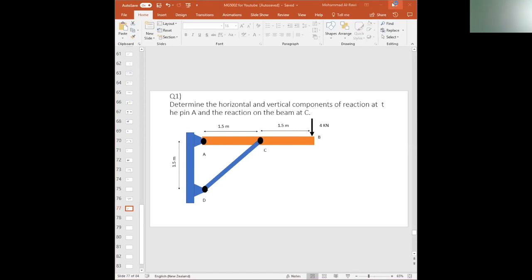I'll try to answer as much as I can today. So we start with this kind of question. In the test, you may get a question similar to this one. Remember, it covers the topic concurrent and non-concurrent forces. And that's why I want to present it for you guys and show you how it works, how we can solve it.